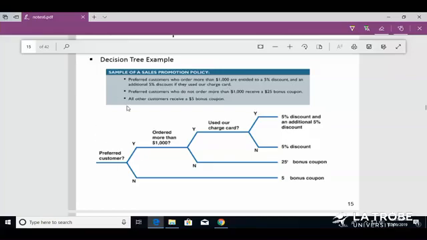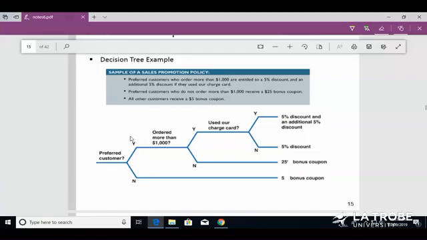All other customers means those who are not preferred customers, or they didn't order anything, so they will receive 5 bonus coupons. So if we say no, that means it's not a preferred customer, but he will get 5 bonus coupons.